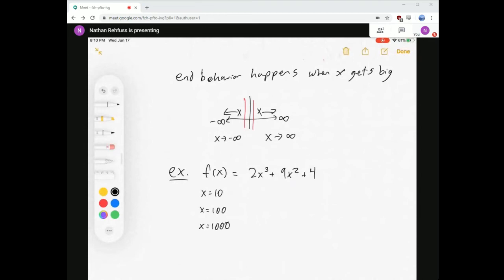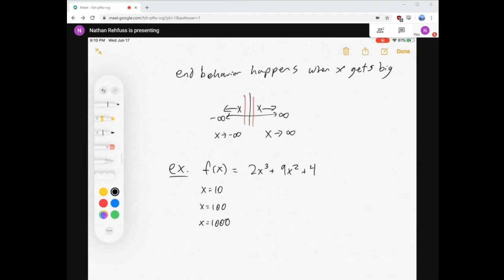And let's see what happens to this polynomial. So let me do the 3 terms here. This one will be 2000 plus 900 plus 4. And this will be 2 million plus 90,000 plus 4.